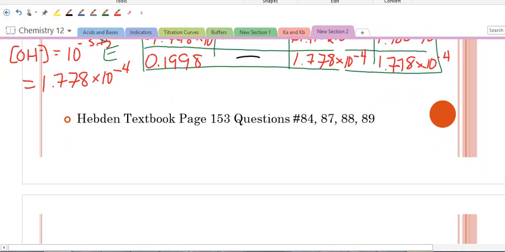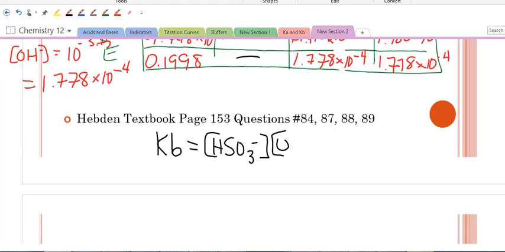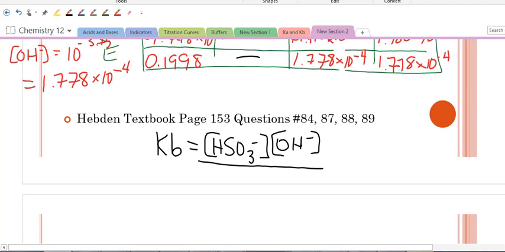So now we'll just skip a little bit down below to do our Kb calculation. So our Kb is the concentration of HSO3 minus multiplied by the concentration of OH minus divided by the concentration of SO3 2 minus.